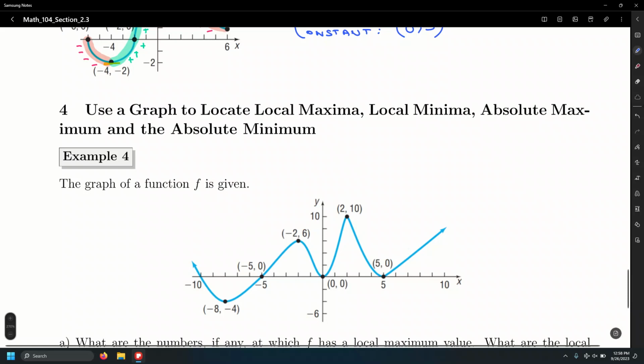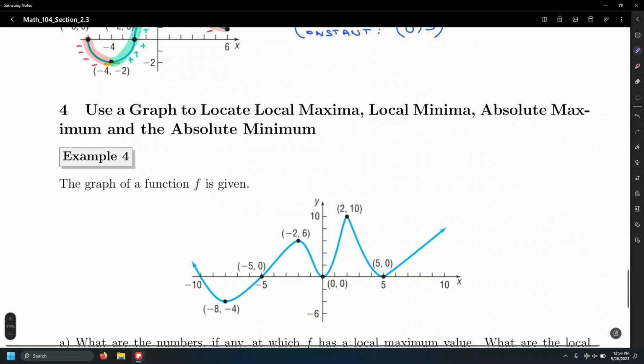By observing the behavior of the graph. Think again of the hiking example we talked about last time. When we go hiking, we go down the hill, we go up the hill, we go all over the place.